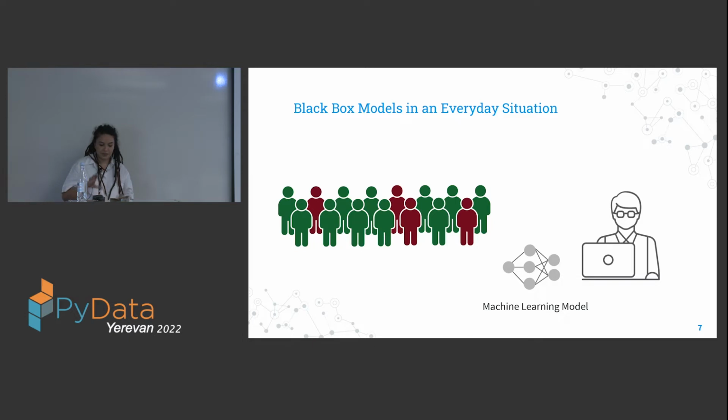Let's say someone who was rejected is confused about why he was rejected because he has a really good salary and good credit history, and he comes to this analyst to know the reasons. The analyst doesn't know because the decision was automated using a highly sophisticated model.